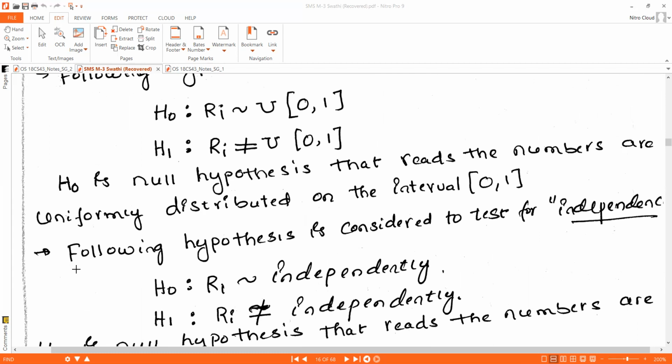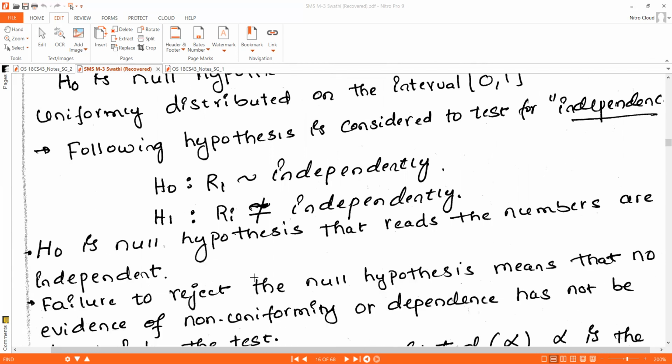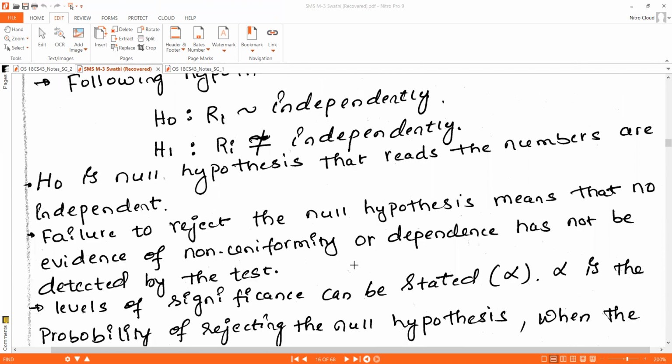H0 is the null hypothesis that reads the numbers are independent, meaning the random numbers follow the independence property.